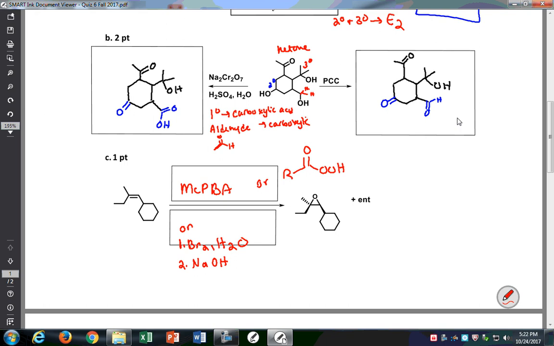So that's the route. Both routes work, I accept either. So they both form the epoxide. These two groups are on the same side of the epoxide, because remember, we don't have free rotation around the double bond.